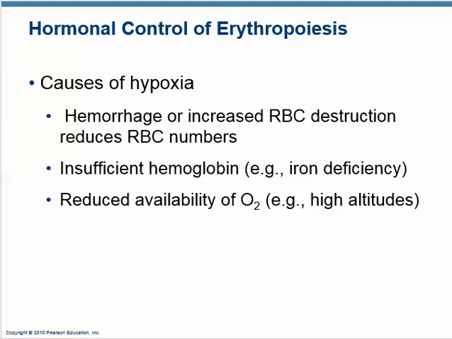If you don't have enough iron, you can't make functional hemoglobin. If you can't make functional hemoglobin, then it's going to lead to hypoxia. If there's a reduced availability of oxygen, it's going to happen too.